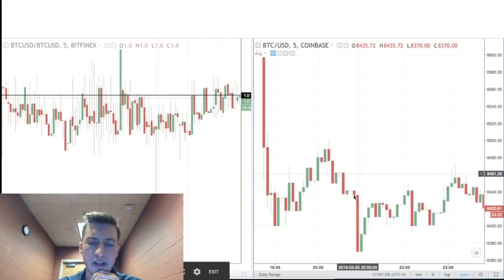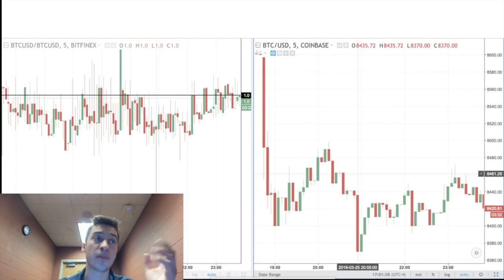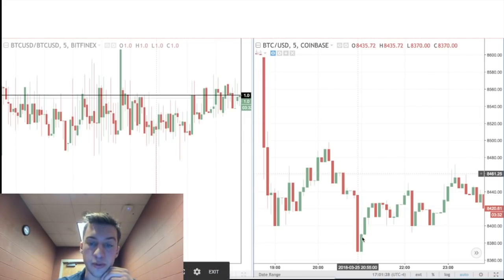So what had occurred was Bitfinex's rate at 2050 had gone down by this kind of percent as well. But the Coinbase GDAX rate had not gone down that amount yet. That's why this tail was printed. It was a quick little arbitrage opportunity of maybe 20, 30 seconds where you could have sold before this rapid 0.7% decrease in price occurred.